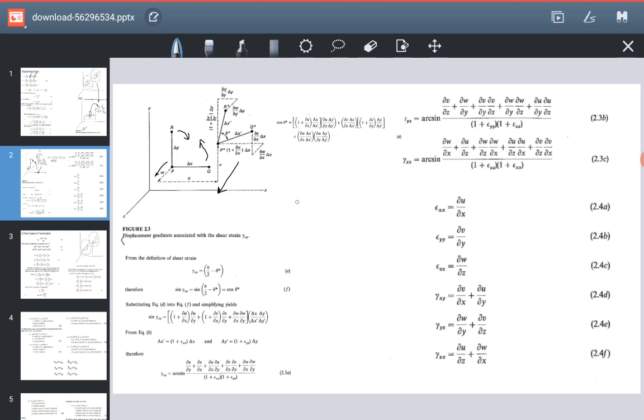If you remember, we have three direction cosines, L square plus M square plus N square equals 1, right? So cos of theta star should be L1 L2 plus M1 M2 plus N1 N2. So L1, M1, N1 will be the direction cosines of P star Q star, and L2, M2 and N2 will be the direction cosines of P star R star.